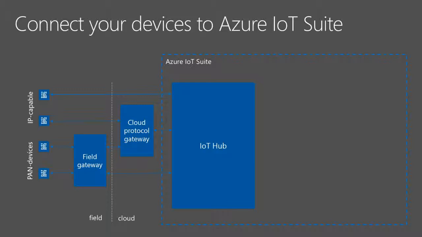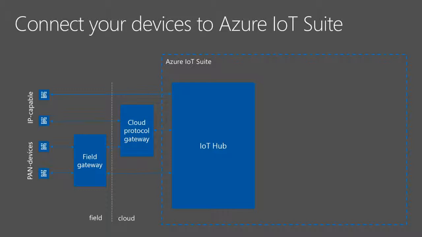For devices that are not capable, or for whatever reason cannot connect to the internet, a pattern that we usually see is the use of a so-called field gateway, an aggregator which performs many tasks.